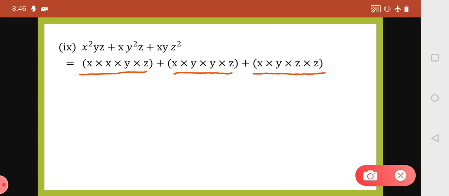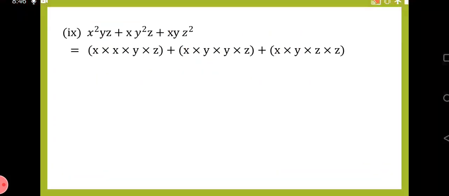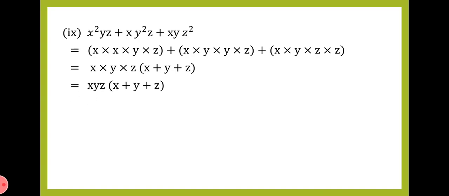Let's see what is same in all the three brackets. That is 1 time x, 1 time y, and 1 time z. So we'll get common as x multiplied by y multiplied by z into x plus y plus z, that is equal to xyz into x plus y plus z.